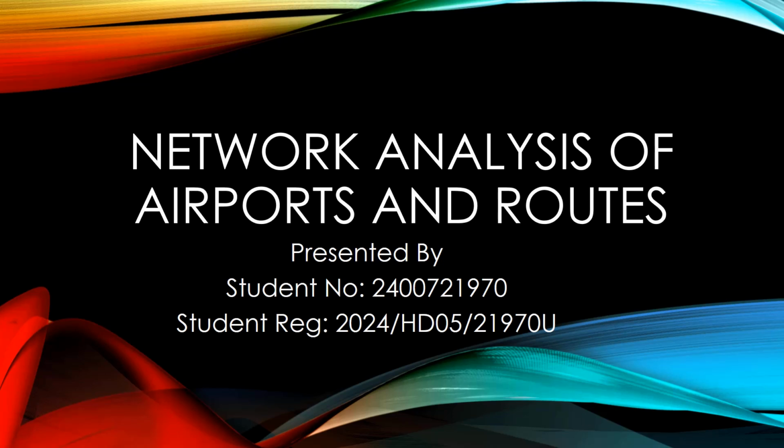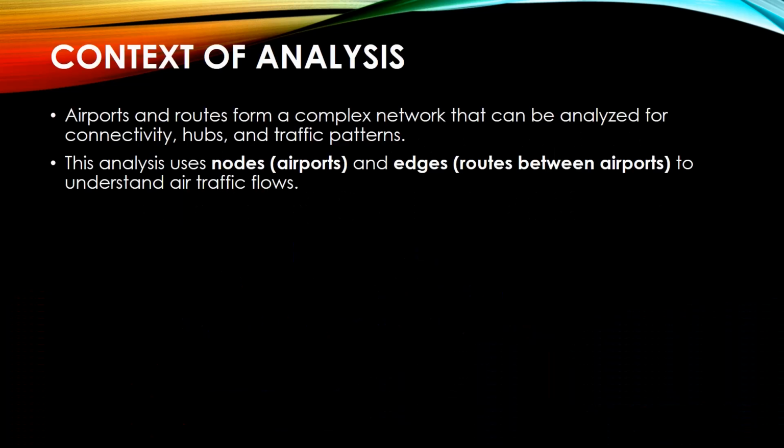I'll be using network analysis of airports and routes data, which is the data set I chose for this analysis. The context here is basically to form a complex network that can be analyzed for connectivity, hubs, and traffic patterns.